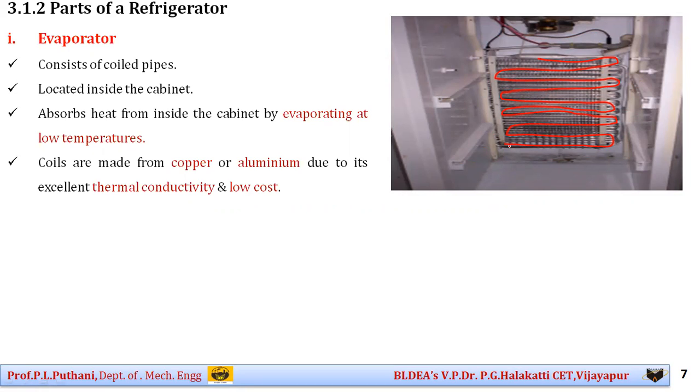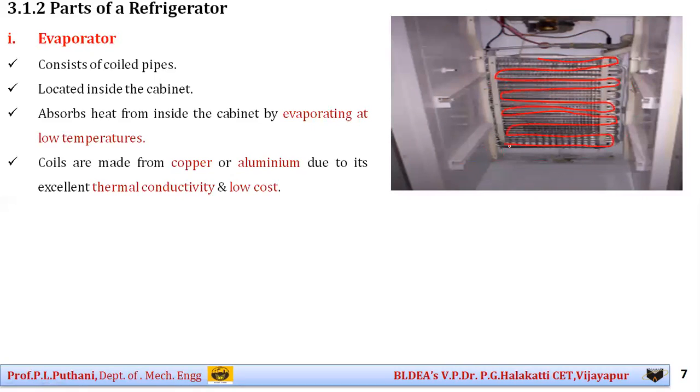So the refrigerant flowing in these coiled tubes or pipes, as it absorbs the heat from the food materials, undergoes evaporation at lower temperatures and gets converted into vapor phase. Generally, the coils which you are observing here, students, are made of aluminum or copper, as they have excellent thermal conductivity and are available at cheaper cost when compared to constantan and manganese materials.